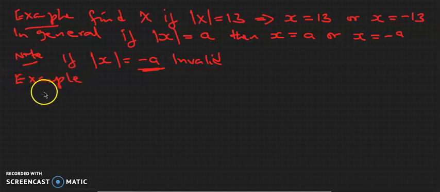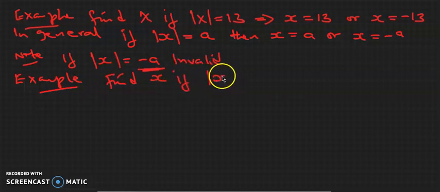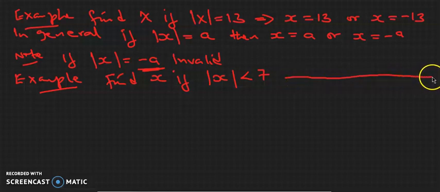Example. Next, find the real number x if the absolute value of x is less than 7. It actually implies that this value x is a range. The distance from the origin to the point x should always be less than 7.